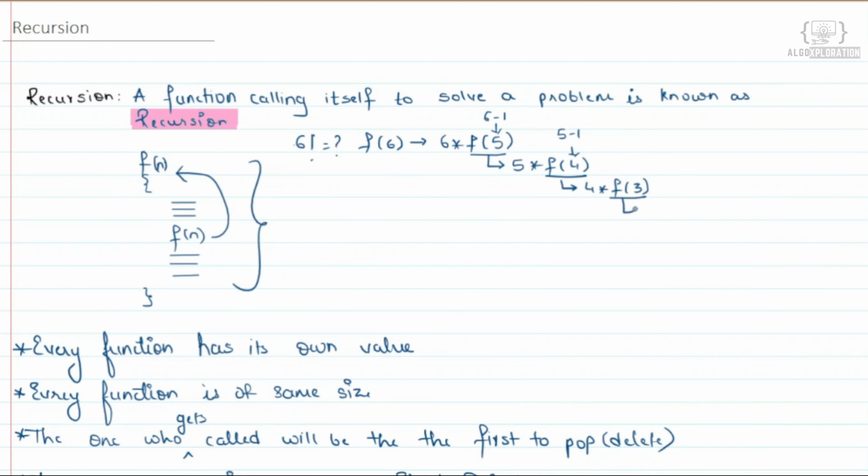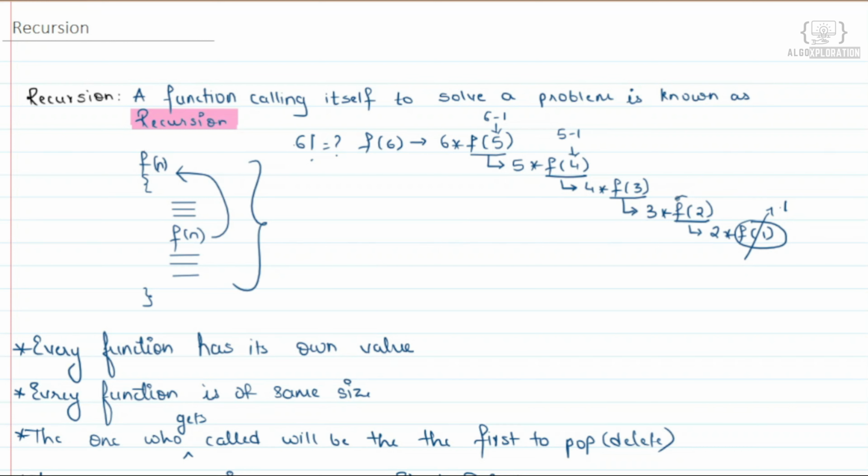F of 3 will do 3 into f of 2. F of 2 will do 2 into f of 1. When f of 1 is called, it will simply return 1, because we know that 1 factorial is nothing but 1 only. So 2 into 1 will be 2.